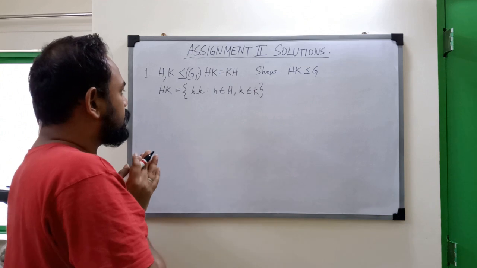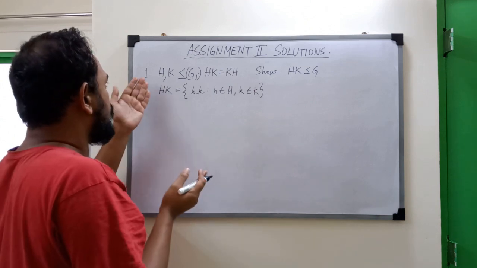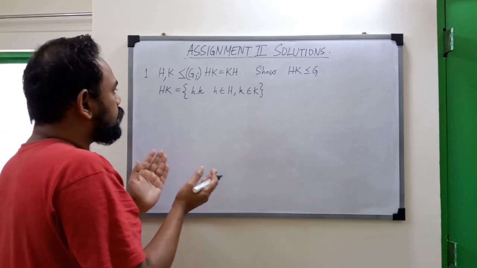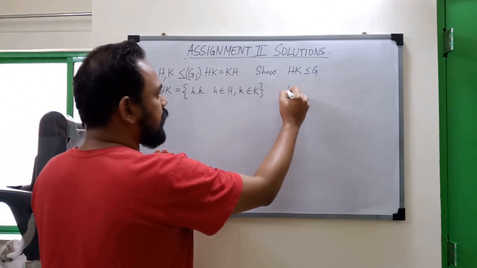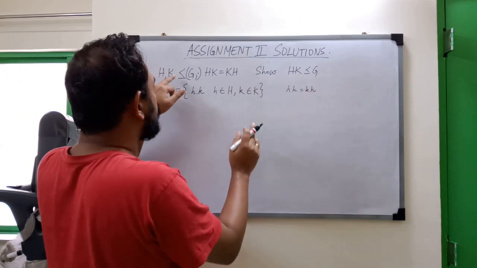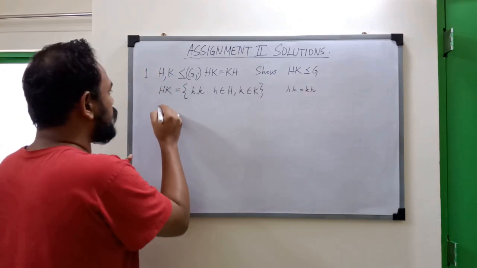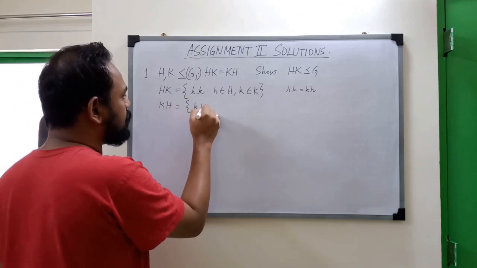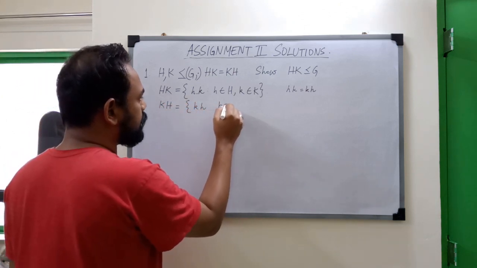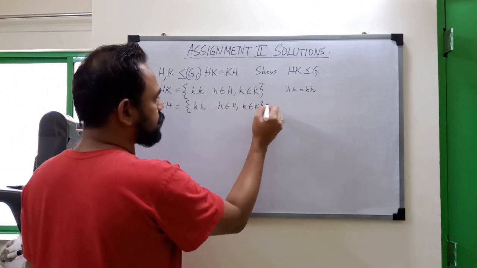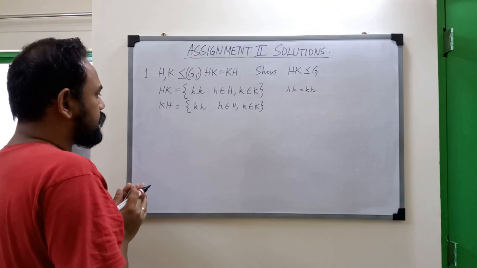If G is not commutative, there is no reason to think that HK would be the same as KH. This is true only when G is commutative. So KH consists of elements of the same form, but the order of the multiplication is reversed.